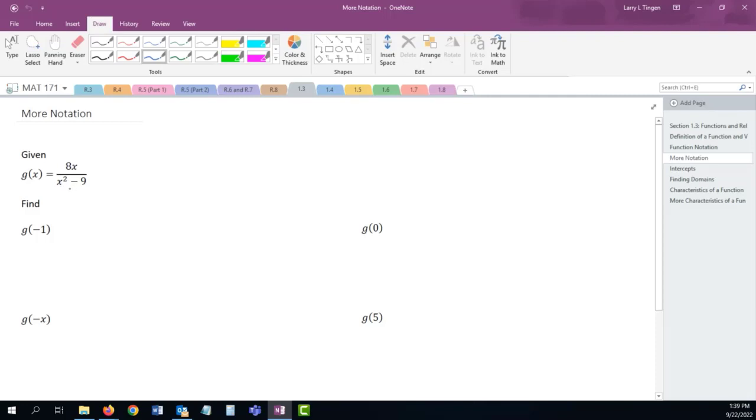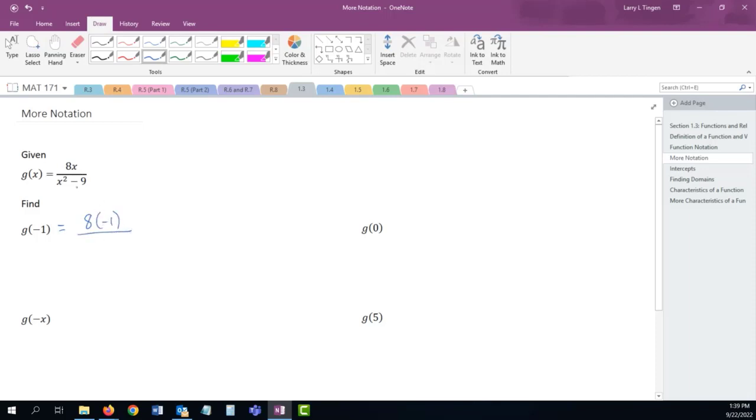I'm not going to break this up into x plus 3 and x minus 3. And the reason is, what I'm being asked to do is not reduce. It's not like there's an x plus 3 or x minus 3 or the possibility of an x plus 3 and an x minus 3 up here. So I'm not going to take the time to do that. We'll get a feel for the problem and figure out what we want to do.